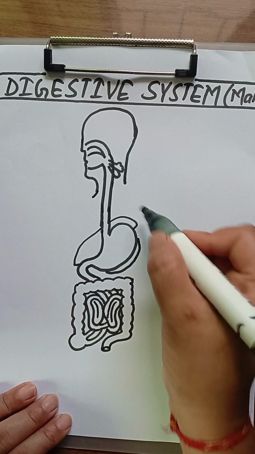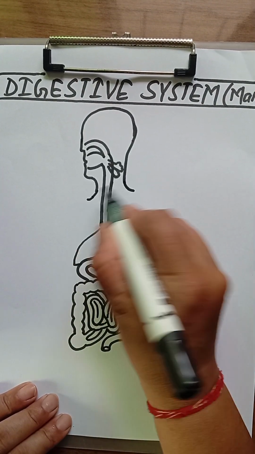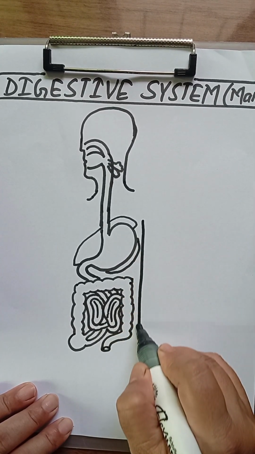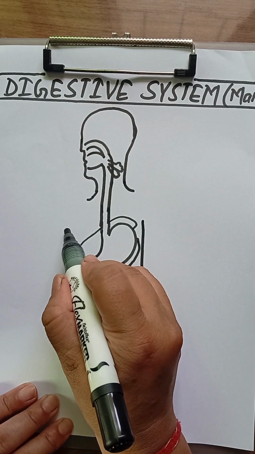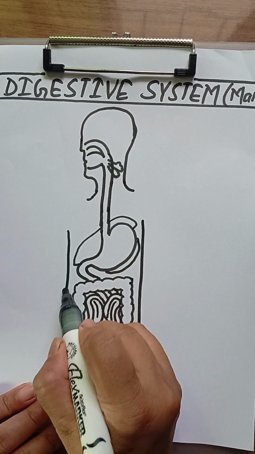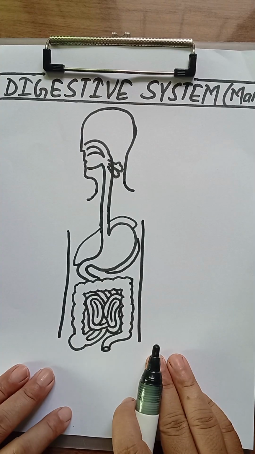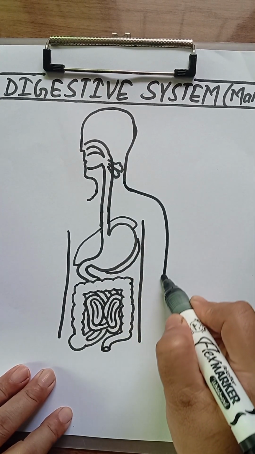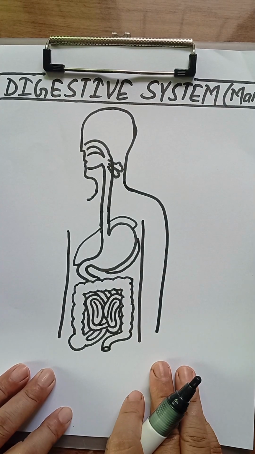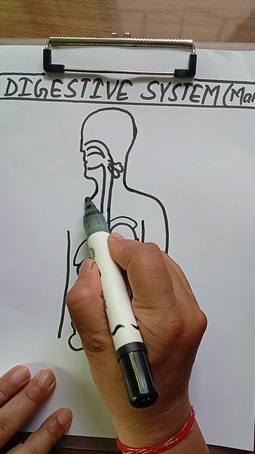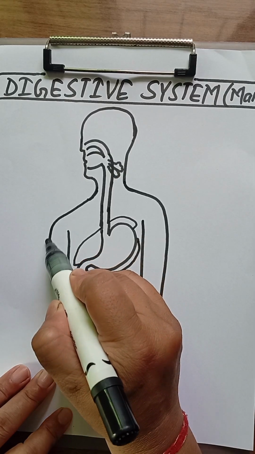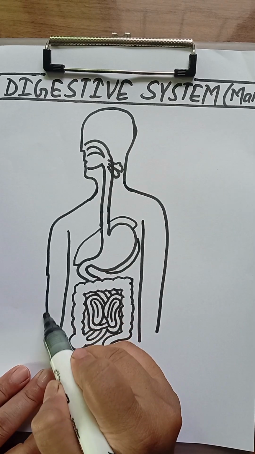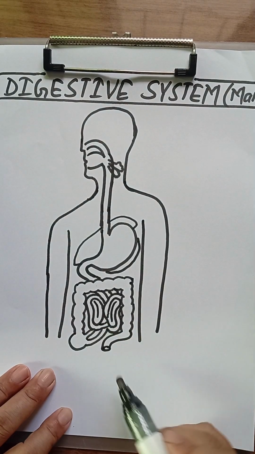Then you just have to make the shoulder, but before making the shoulder, you have to draw a straight line along the cavity like this, and then only you are making the shoulder-like structure and running downward by making the hand like this, and in the same way on the right side you are making the hand, shoulder, and then the arm like this.